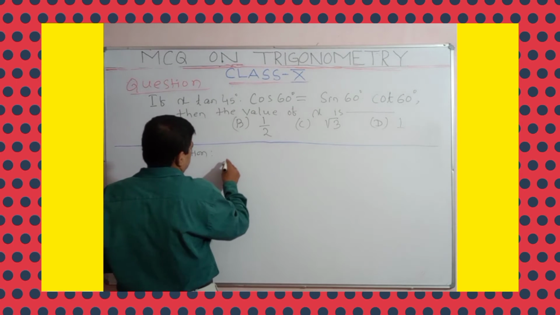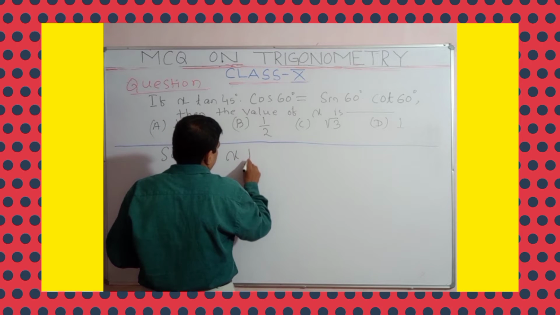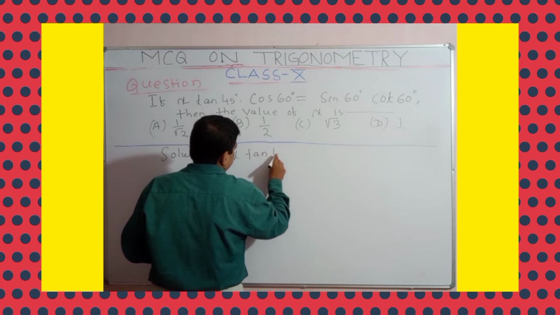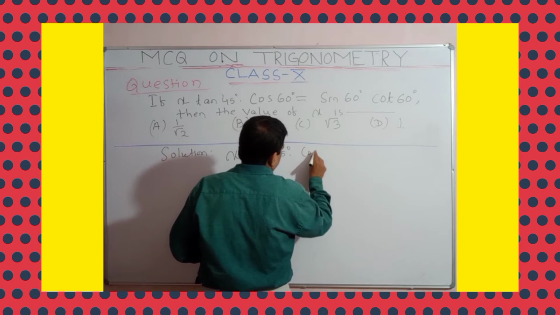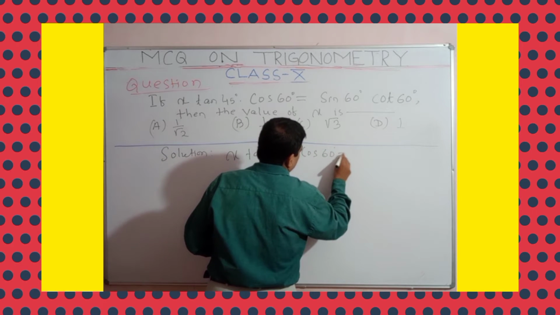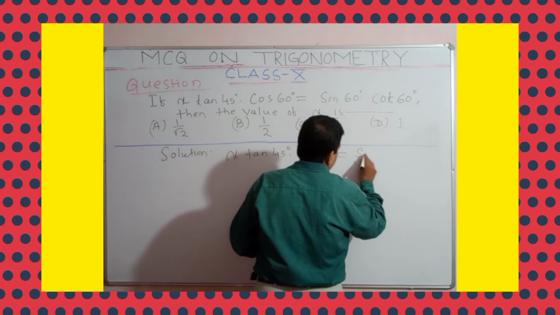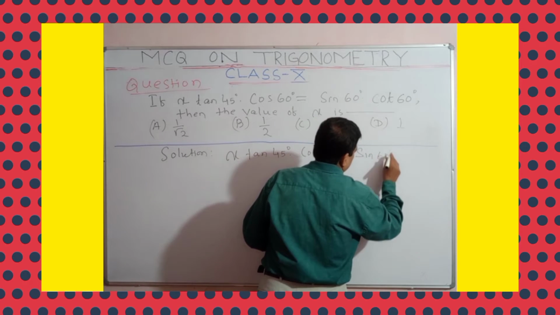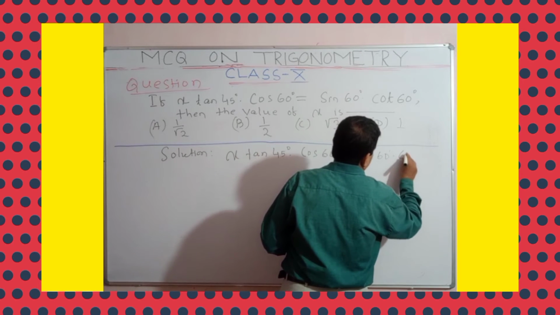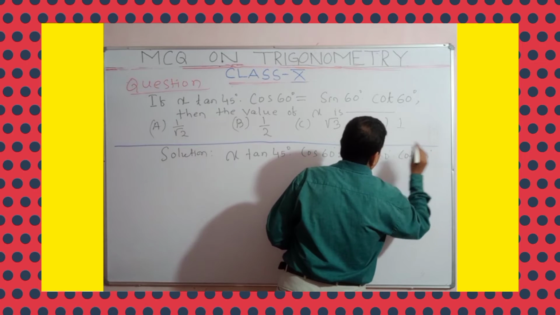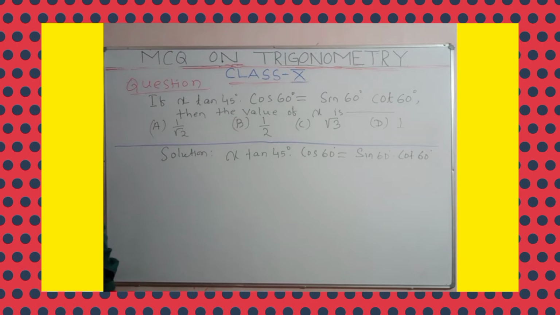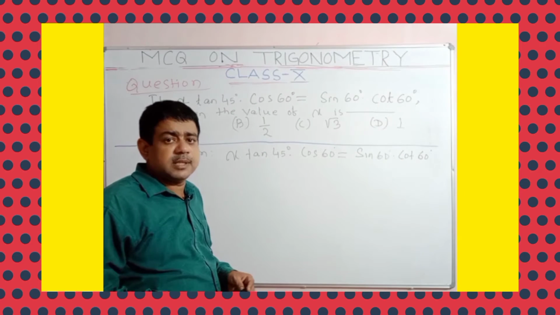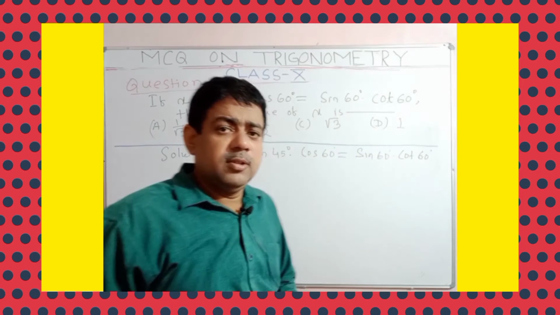Okay, let's see, here written x tan 45 degree into cos 60 degree is equal to sin 60 degree into cos 60 degree. Yes or no? Okay. So have you remembered the trigonometric ratios of 45 degree, 60 degree? Yes? Do you know? Okay.